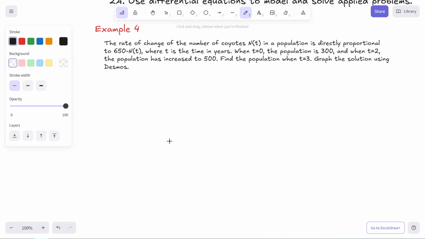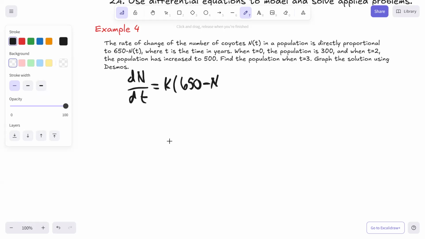So, we have the differential equation dN/dt equals k times 650 minus N, because it's directly proportional and it's the rate of change. We can solve this by separation of variables.